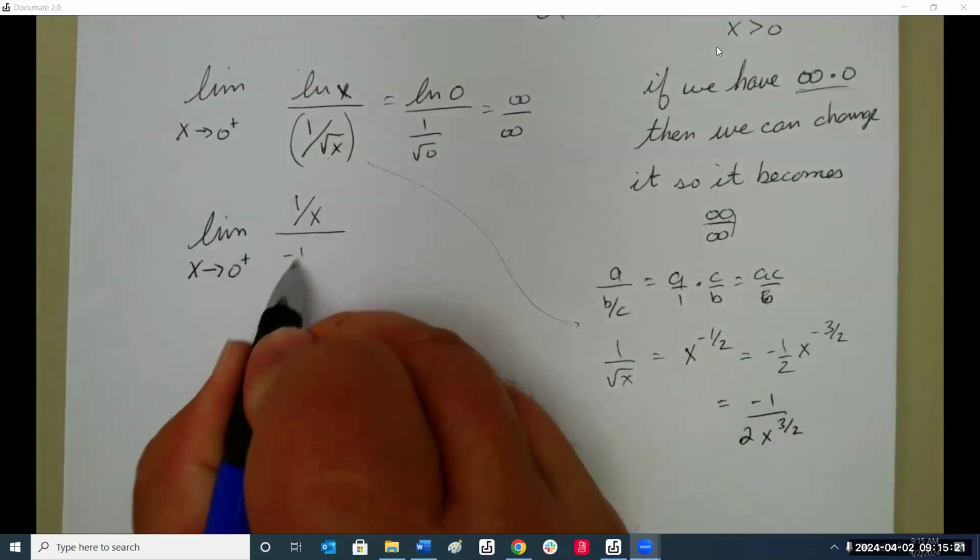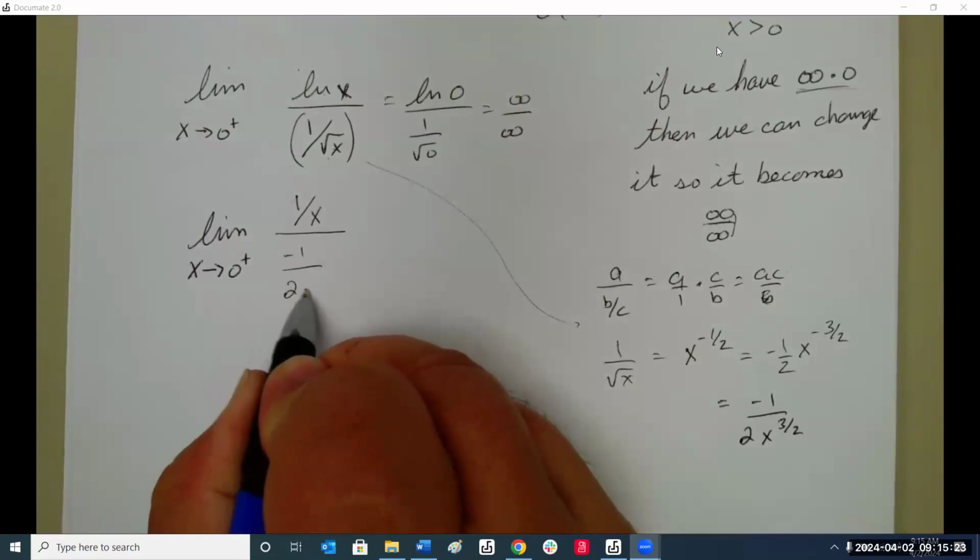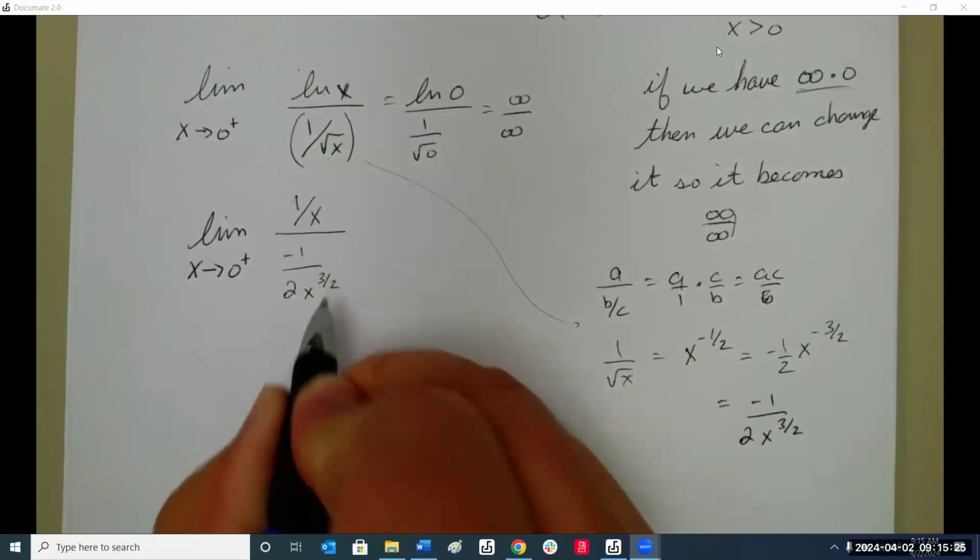So it becomes negative 1 over 2 x to the 3/2.